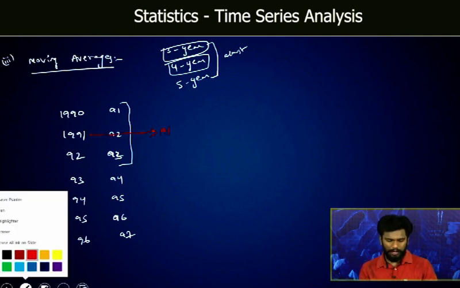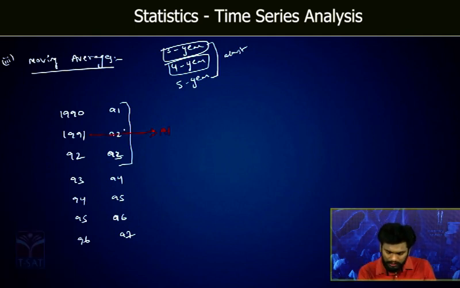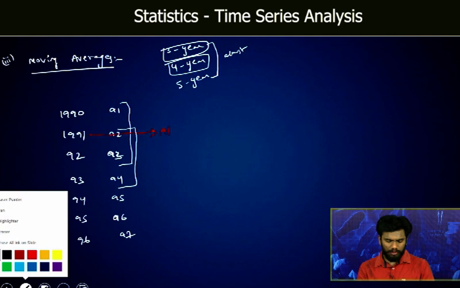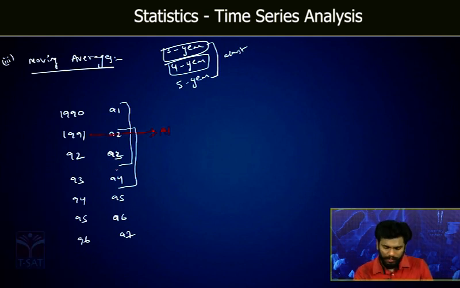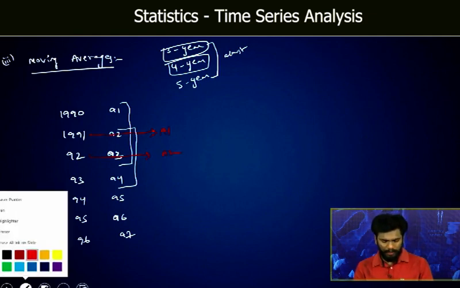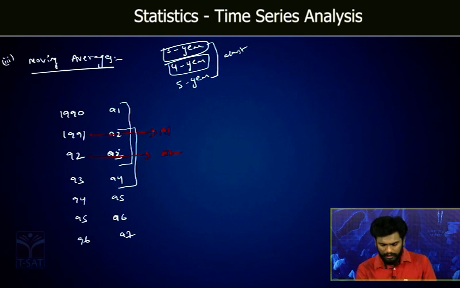Now I will find the average of the next 3, that is A2, A3, and A4, and assign it to the middle year, 92. Again I will find the average for the next 3 numbers, A3, A4, and A5, and assign that value to the middle year, 93.